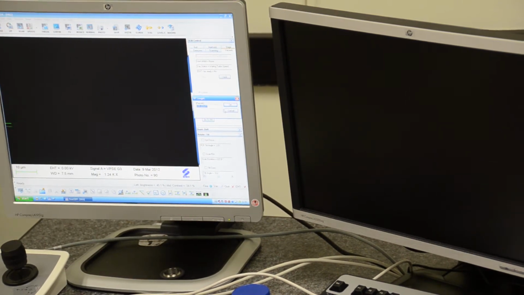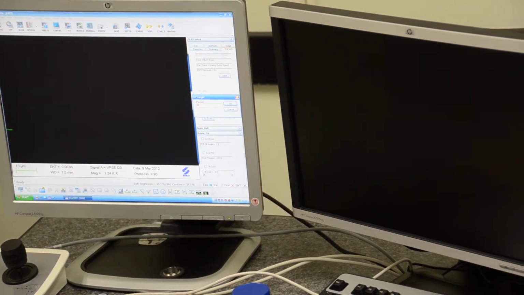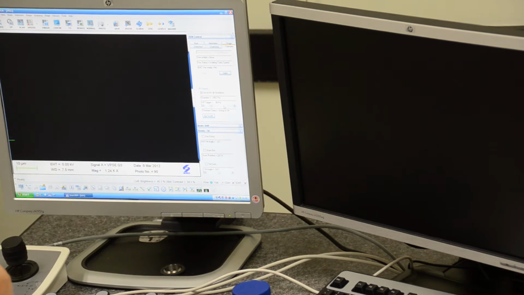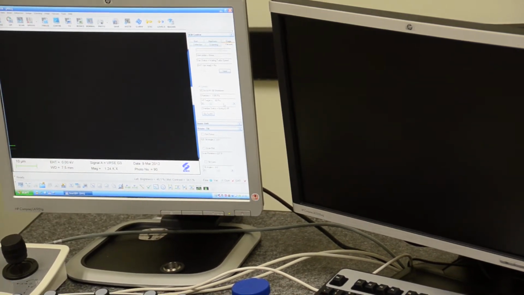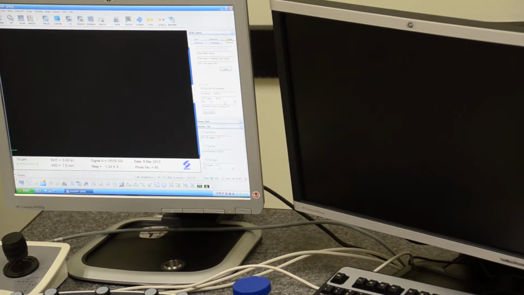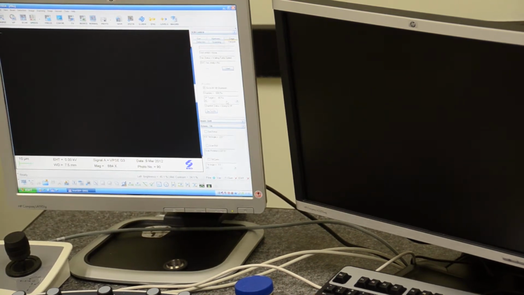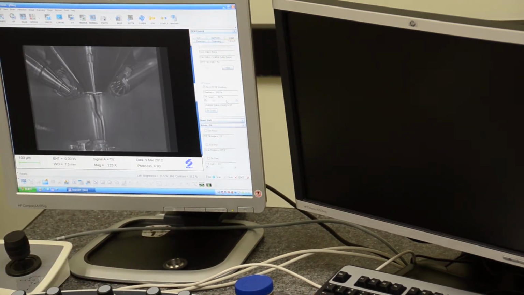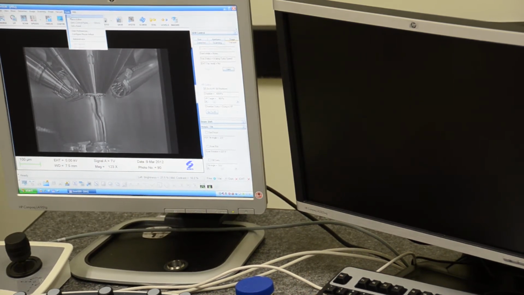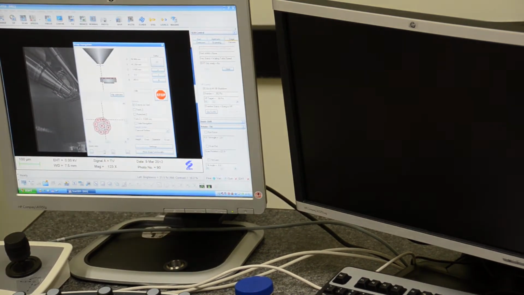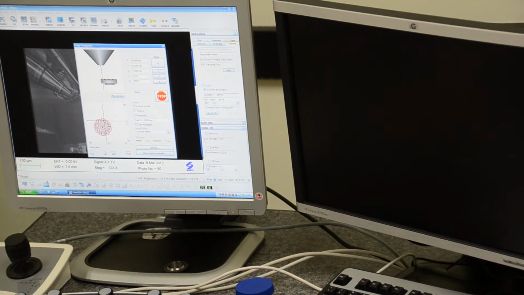I wrote a sample called the paper sample. So it's non-conductive.